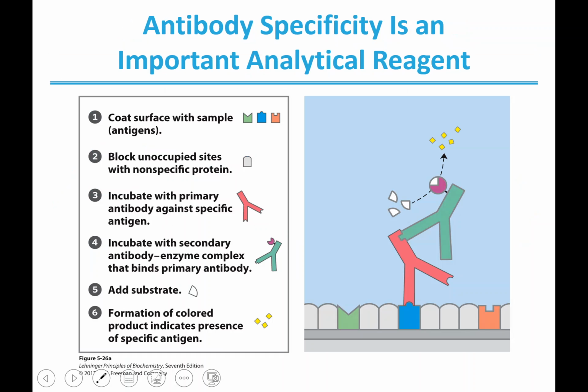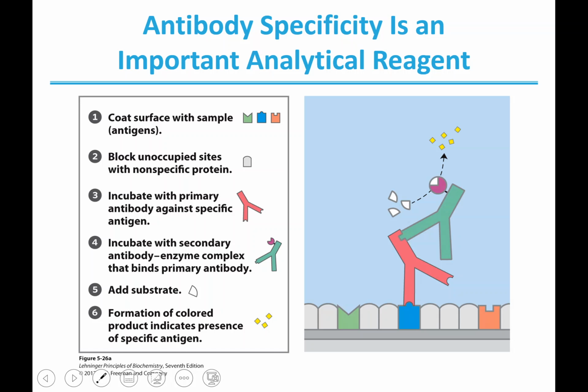Antibody specificity is really important in biochemistry labs, and we can use it in many different analytical techniques, specifically something known as a Western blot, and also an ELISA. We'll talk about what an ELISA is on the next slide.